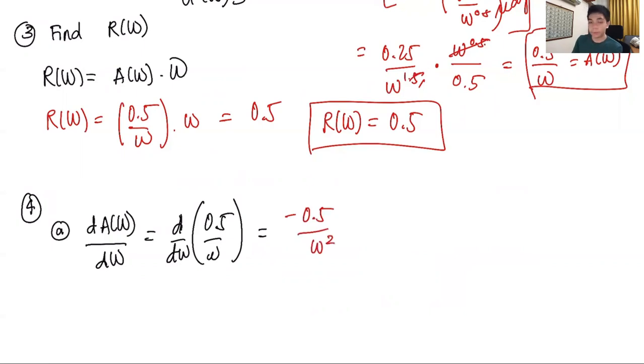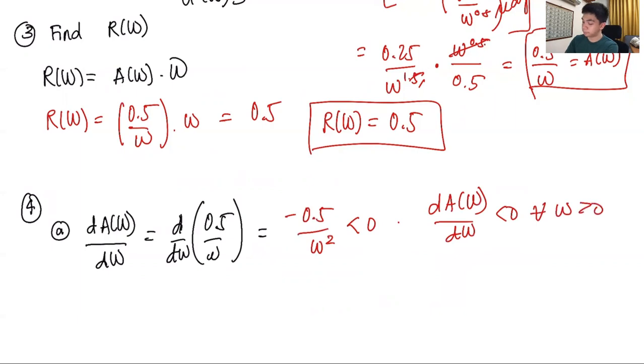That's negative 0.5 over something that is positive, so this one is going to be negative. So this implies that dAW over dW is less than 0 for all W greater than 0.